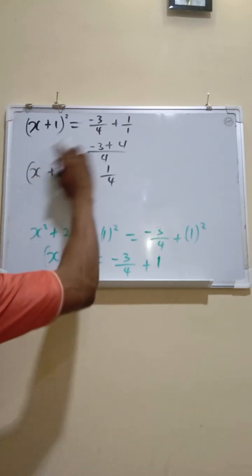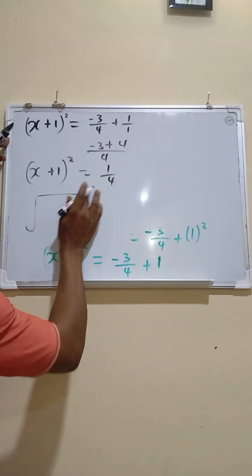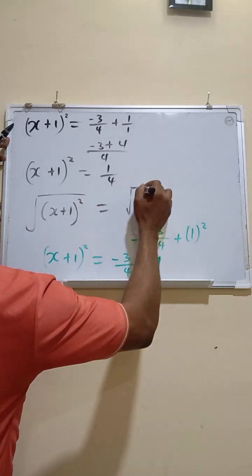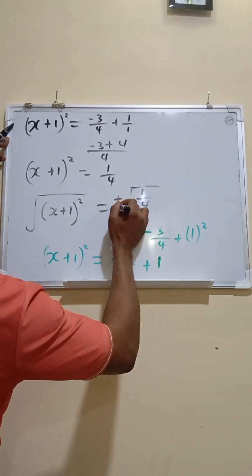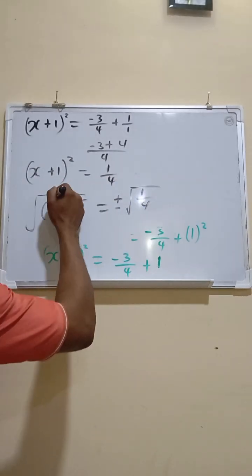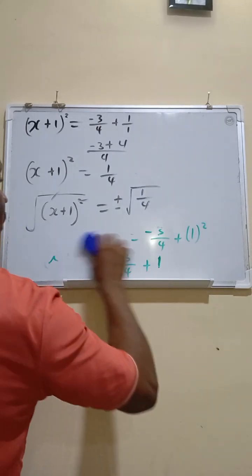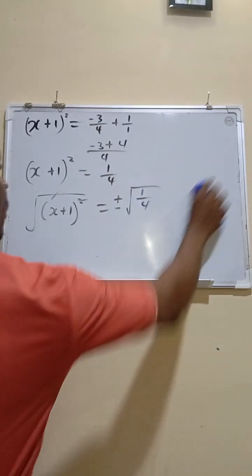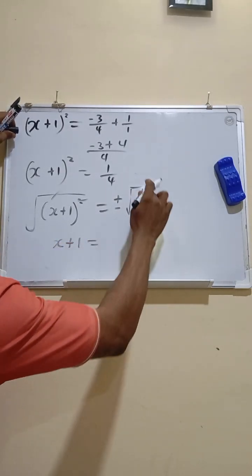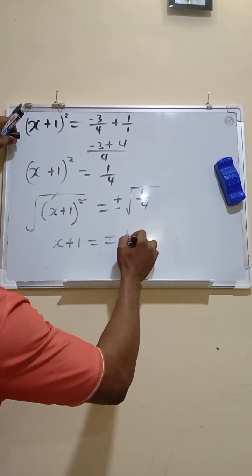Then you take the square root of both sides. The square root on this side is assumed to be plus or minus, and the square root will cancel out the square on the left. We now have x plus 1 equals the square root of 1, which is 1, over the square root of 4, which is 2, so plus or minus 1 over 2.